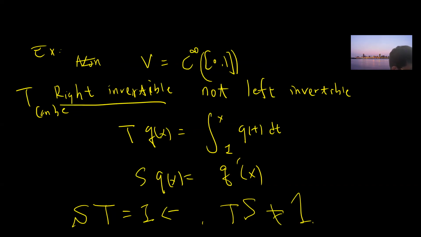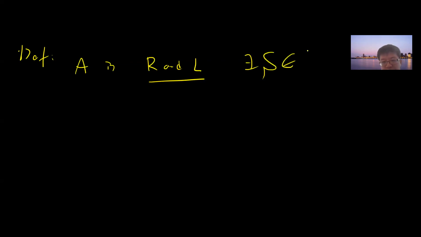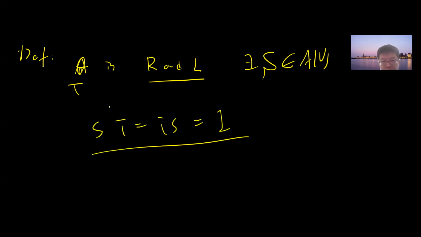This example is very interesting, which is right invertible. What it's saying is that it's not guaranteed, as in the matrix case, that a right invertible element is left invertible in the infinite dimensional space. So, definition: if I say T is right and left invertible, it means there exists S in A(V) such that TS equals 1.